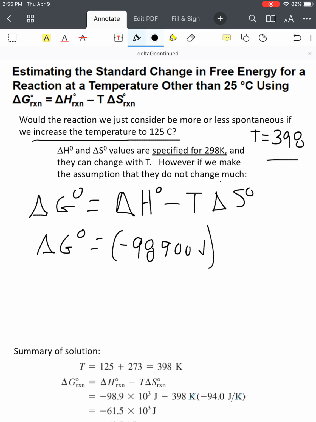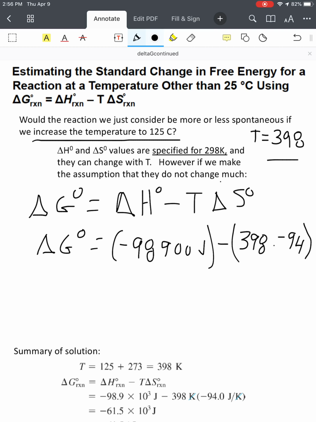And that carries units of joules per mole now. And then I'm going to subtract my T delta S using my new temperature, my 398. And I'm going to multiply that by my delta S0. When I solved for delta S0, it was negative 94 joule per Kelvin.